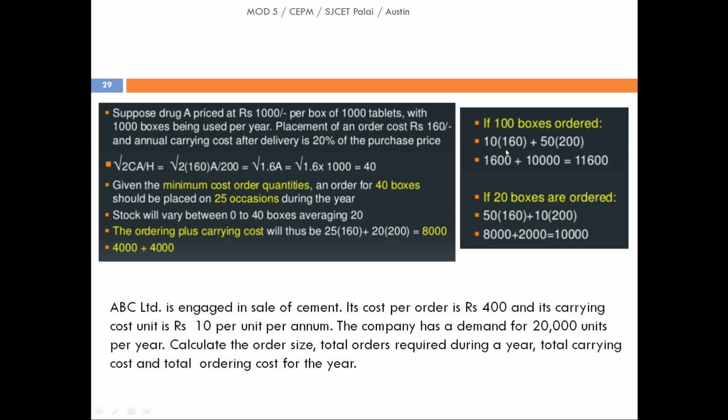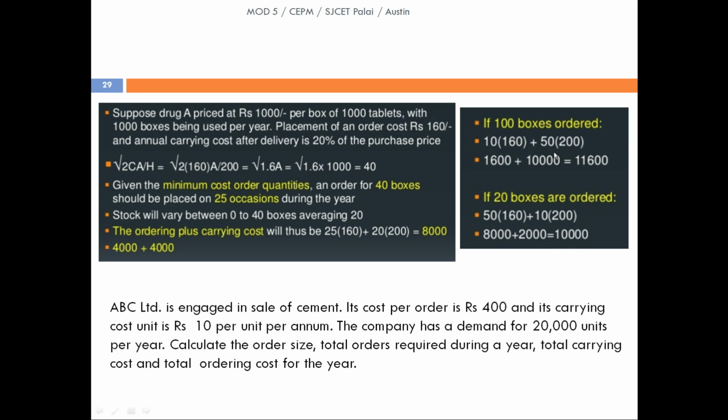The ordering cost will be 160 multiplied by the orders required. We require 1000 boxes per year, so 100 boxes multiplied by 10, we need to provide 10 orders. Therefore 10 multiplied by the cost incurred for each order, which is 160, plus 50 into 200. 50 is nothing but Q divided by 2.